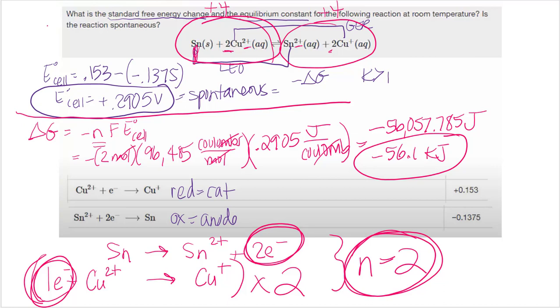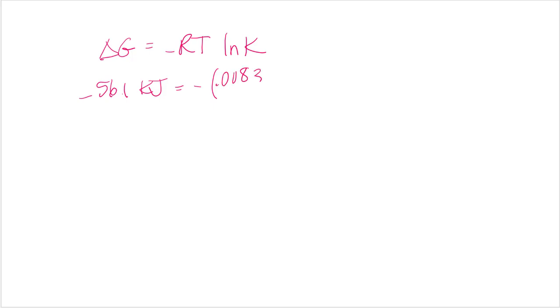Okay, last step. Let's get to K. We're going to plug in our delta G is equal to -RT natural log of K. We're going to plug in the G we just found, the -56.1 kilojoules is equal to -R. We need the R in kilojoules, so 0.00831 kilojoules per mole Kelvin.